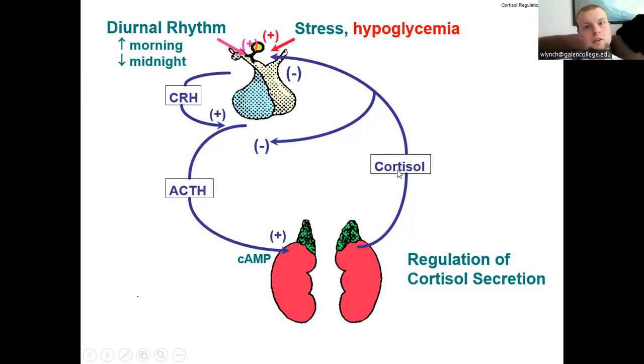Cortisol is going to feed back, long loop feedback, onto the hypothalamus. We're going to have short loop feedback from the pituitary onto the hypothalamus, and we're going to regulate that activity. The second messenger is going to be cyclic AMP here, right? So we have adrenocorticotropic hormone release. It's going to attach to the extracellular receptors on the adrenal cortex, and cyclic AMP is going to be our second messenger.